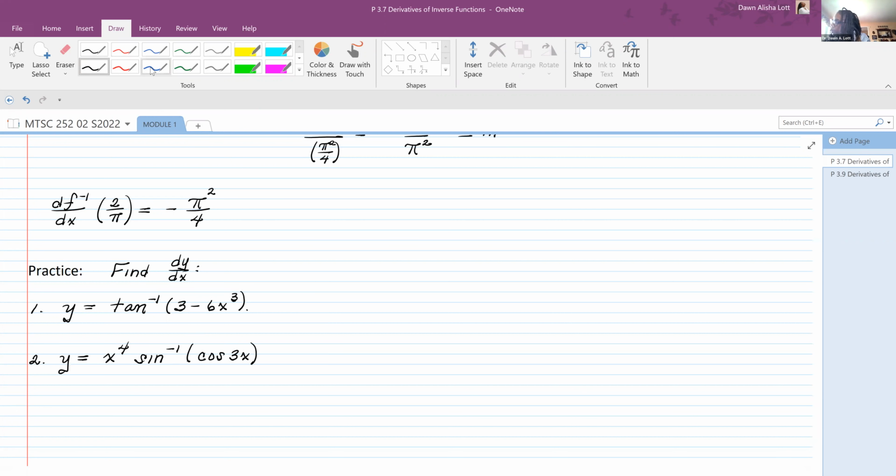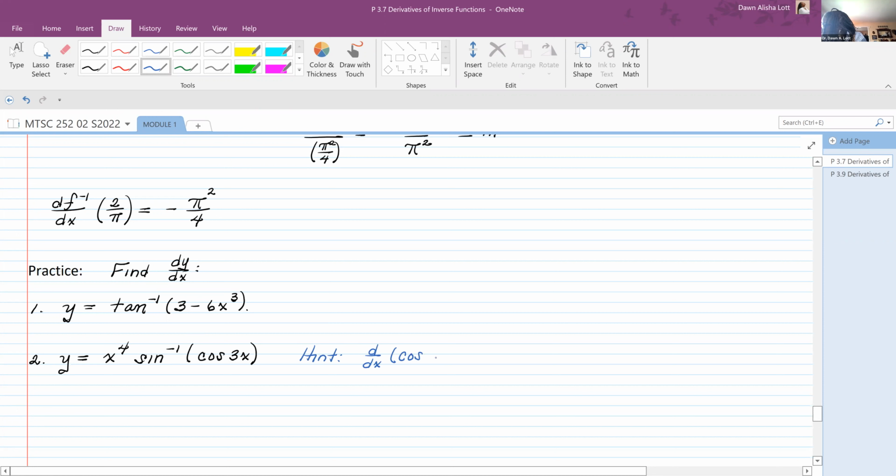And I give you a hint that the derivative with respect to x of the cosine of kx is negative k sine of kx. So that's number 2.